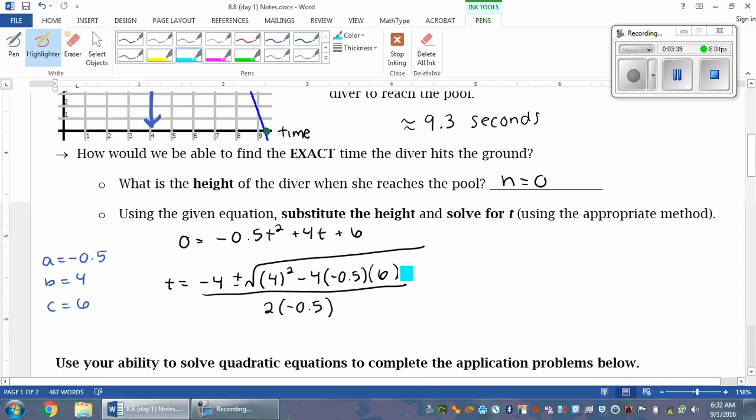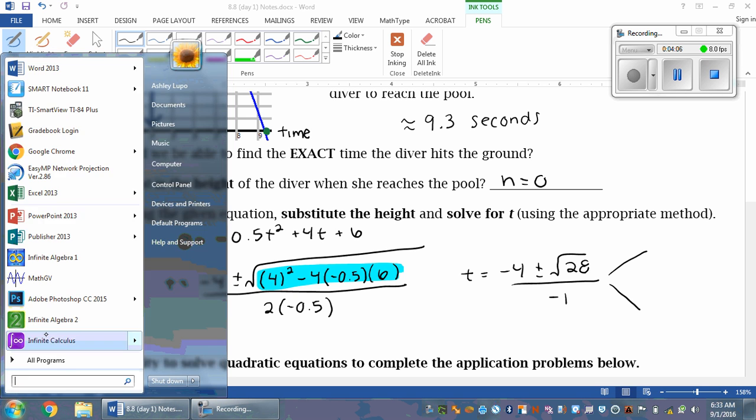Again, we're going to put everything under the square root in our calculator, not including the square root. When you put parentheses 4 parentheses squared minus 4 parentheses negative 0.5 parentheses 6 in your calculator, you get 28. So we have negative 4 plus or minus the square root of 28, divided by negative 1. All right, let's go ahead and separate my two equations.